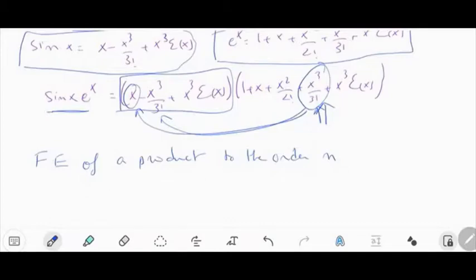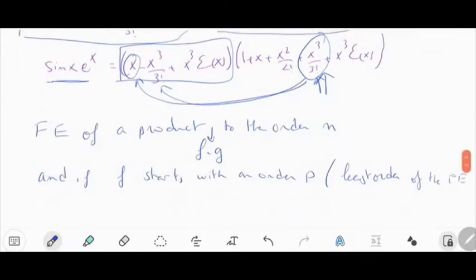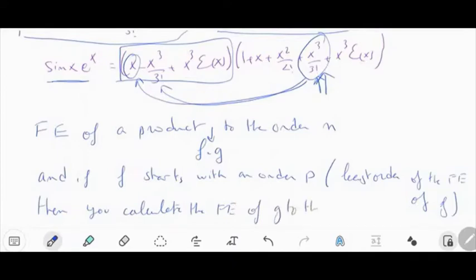So if you calculate the finite expansion of a product, which is f times g to the order n, and if f starts with an order p, which means the least order of the finite expansion of f is p, then you calculate the finite expansion of g to the order n minus p.